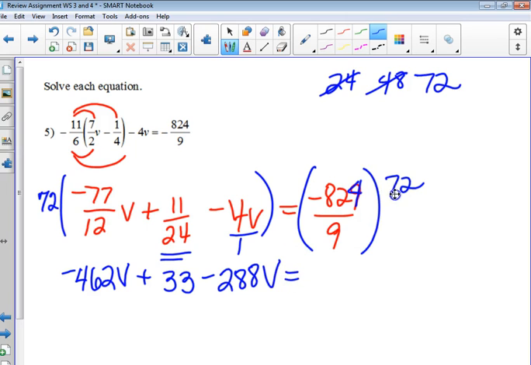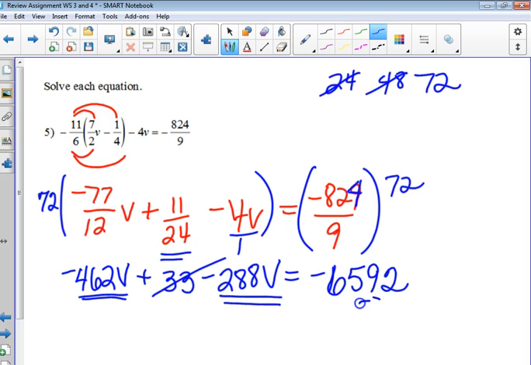All right, and over here, it doesn't matter the order. Negative 824 is being divided by 9 and multiplied by 72. Should be like negative 1700 or something. I don't know. 6,000? Okay, yeah, I can't do that in my head, obviously. What did you get? Oh, yeah, it should be 6,400 something, I was thinking. All right. Anyway, yep. Now can you finish? It's probably really ugly. Combine those like terms.